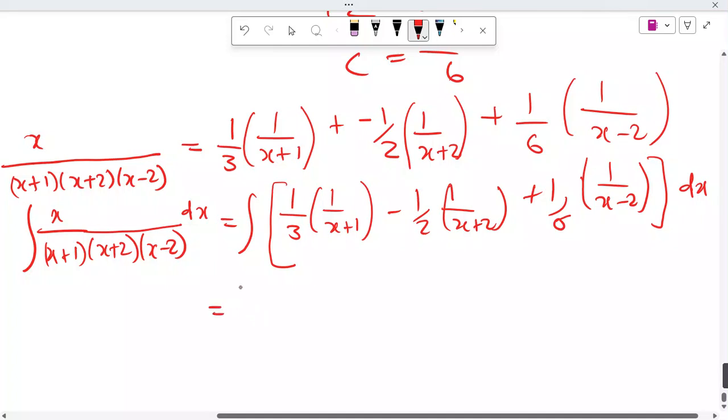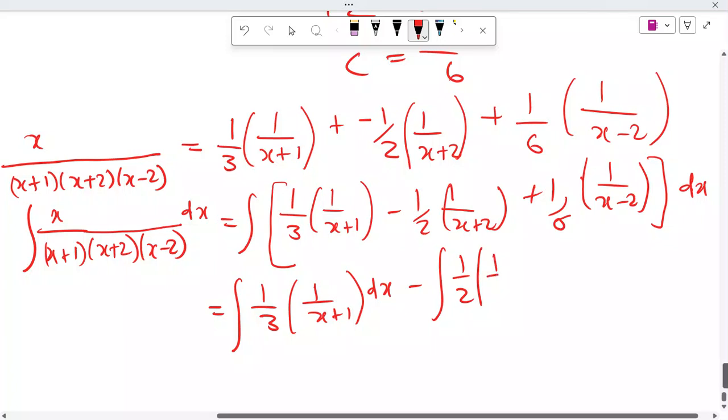So this is the same as integrating individually. You are distributing. Integration is distributive. 1 over 3 dx minus half 1 over x plus 2 dx plus 1 over 6 1 over x minus 2 dx.